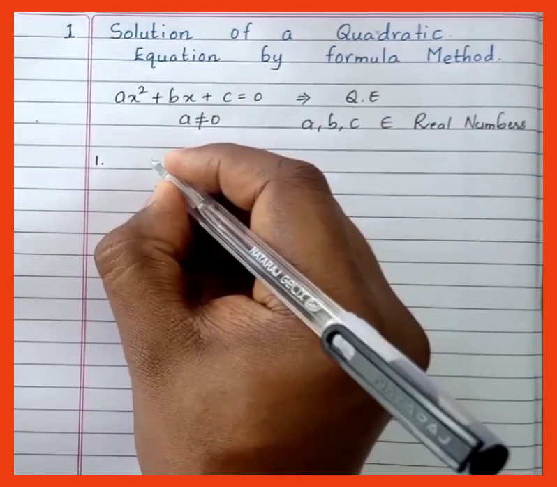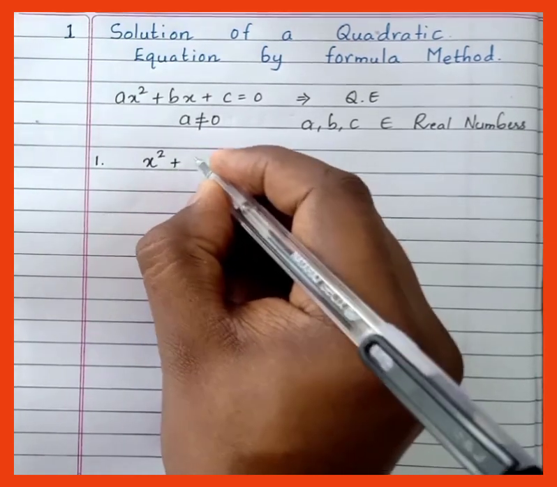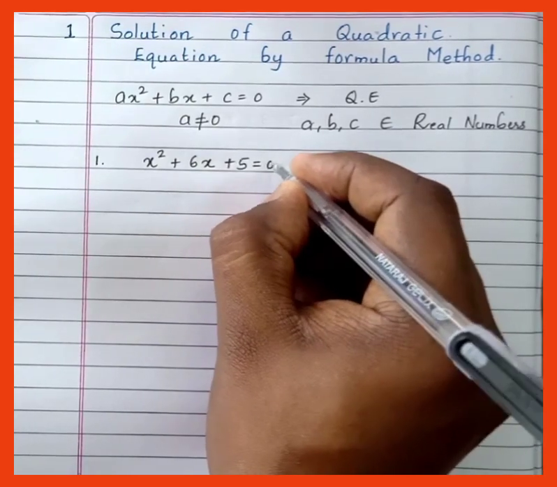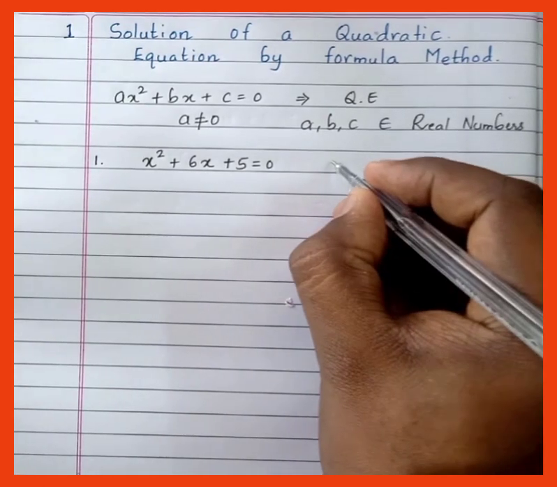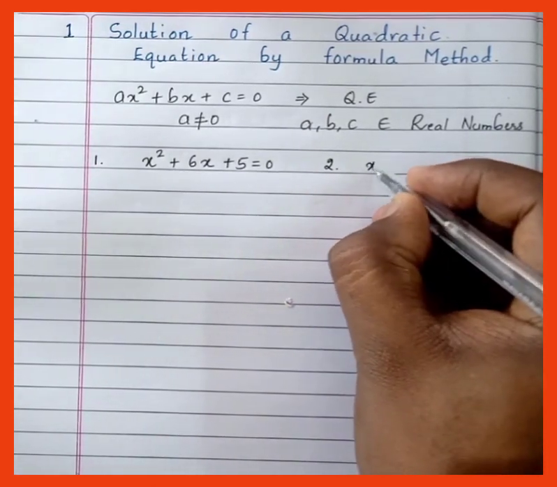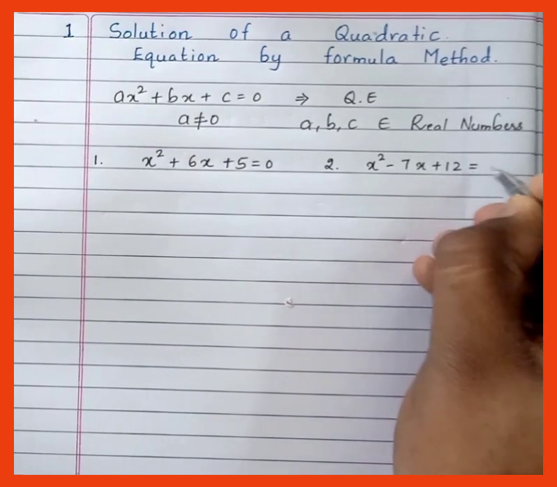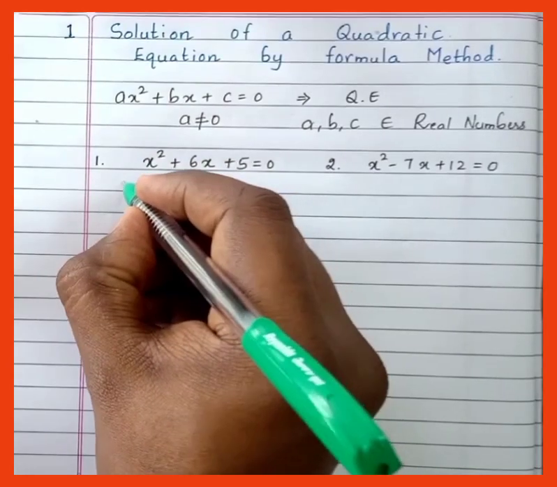Let's see a few examples: x square plus 6x plus 5 equals 0. It is an example of a quadratic equation because it is of the form ax square plus bx plus c equals 0. Second example, x square minus 7x plus 12 equals 0.